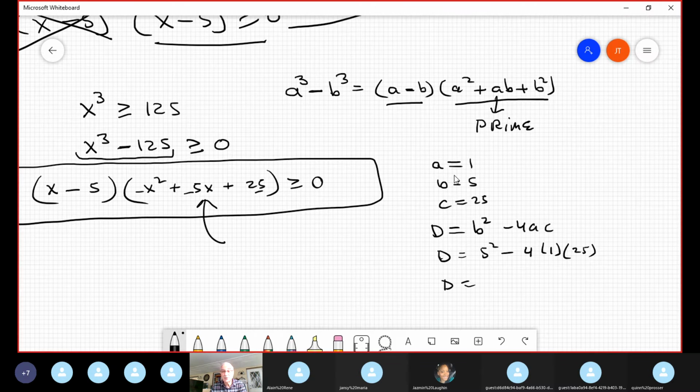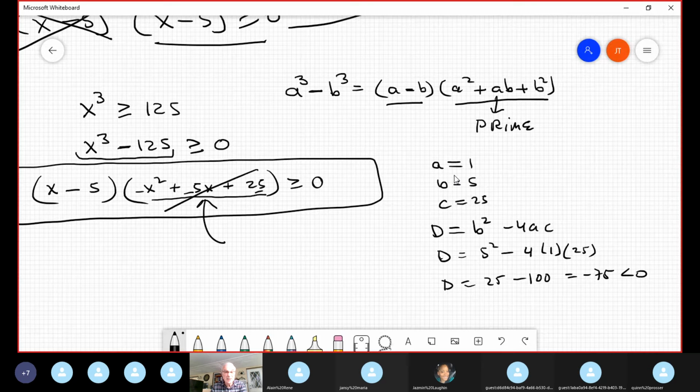So D is 25 minus 100, wow, it's minus 75, which is negative. If it's negative, that means the solution for this is complex. In other words, this parabola never crosses the x-axis. In other words, this parabola is always positive.